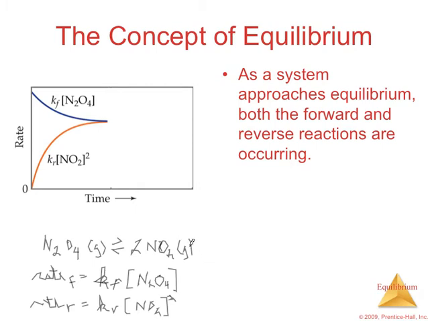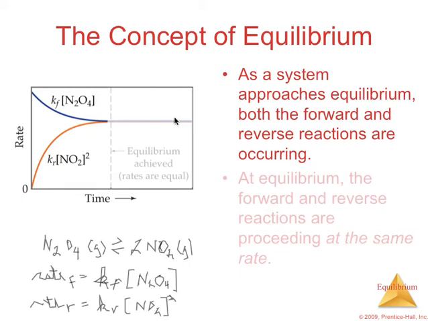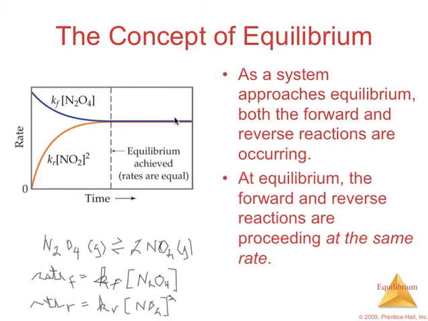Although there can be a mechanism behind it, you can write these equations that way. So as the reaction proceeds, this is the rate in the forward direction, the rate in the backward direction, and when equilibrium is reached, the rates are the same.